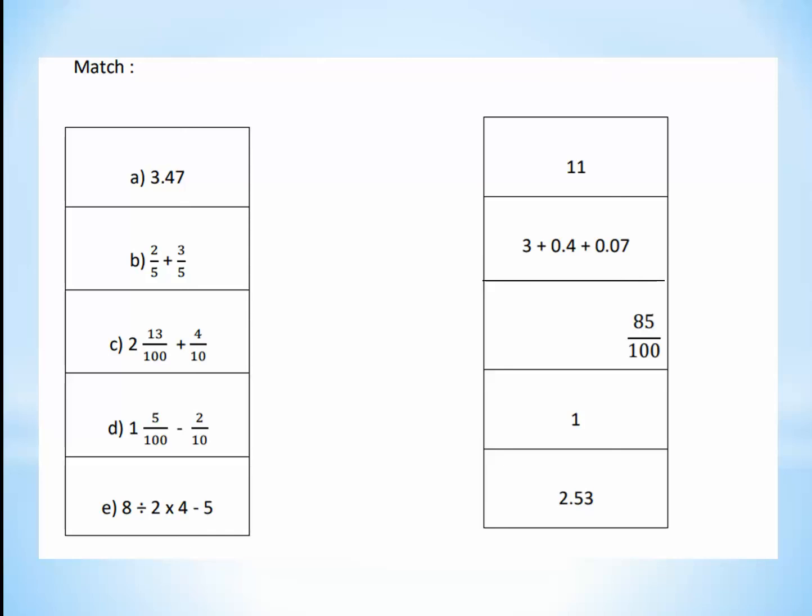3.47. Okay, it will be 3 plus 0.4 plus 0.07. 2 fifths plus 3 fifths, it will be 5 fifths, which is 1. 2 and 13 over 100 plus 4 over 10, which is 40 over 100, so it will be 2 and 53 over 100, or 2.53. 1 minus 2 tenths, it will be 20 over 100.